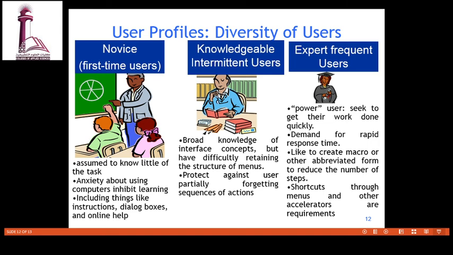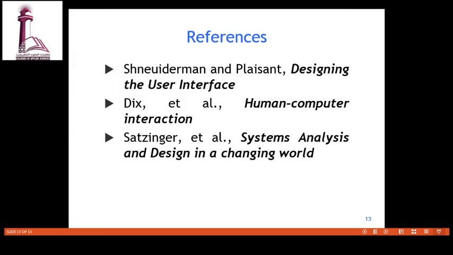They like macros or other abbreviated forms to reduce the number of steps, because they don't want to do so many steps. They want to finish their action fast. They can also use shortcuts. Shortcuts through menus and other accelerators are requirements. So that's all about the diversity of users. So that's all about this lecture.